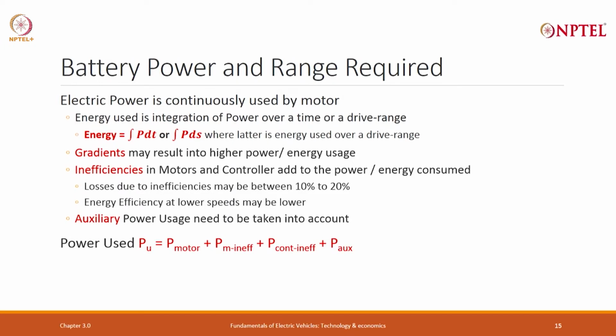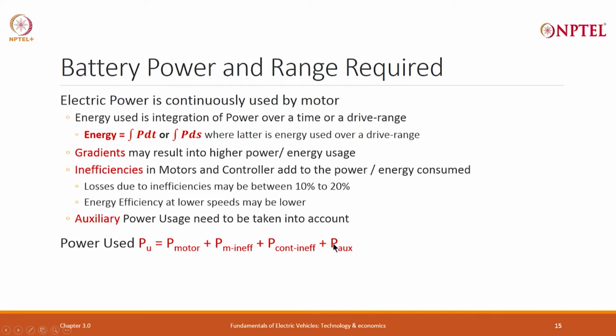So, power used is power for the motor and controller, plus motor inefficiency, that much power is also used, the inefficiency of the controller, plus the auxiliary power. You have to take all these three.